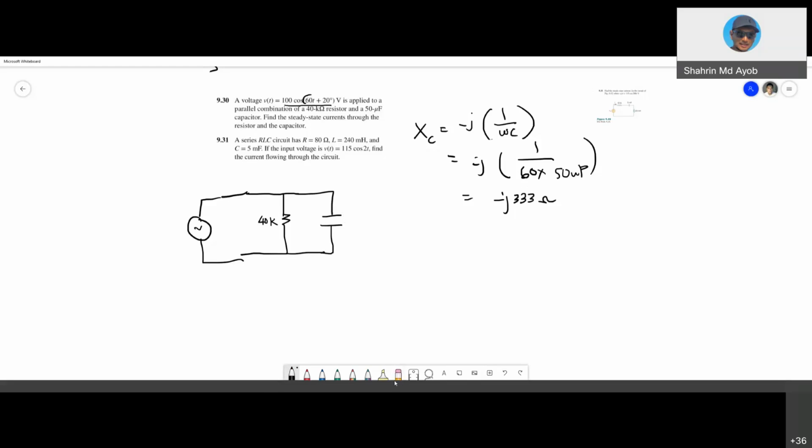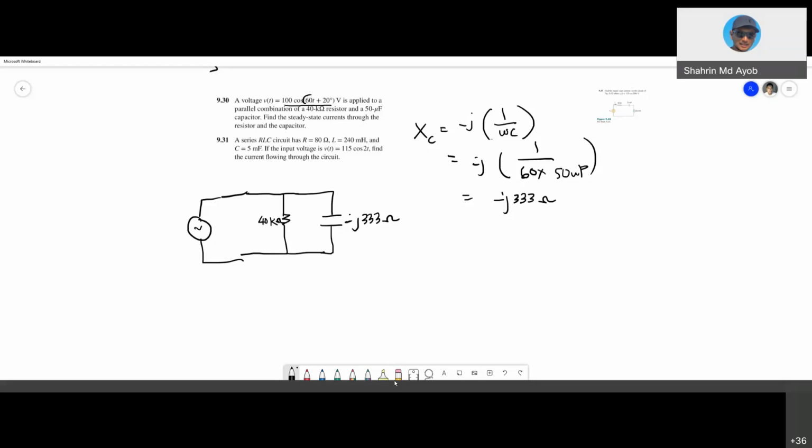So negative j333 ohm. The unit for the reactance is ohm, and the unit for the resistor is also ohm, so actually all the units are in ohms. That is why we need to convert into X, because for X the unit is ohm.